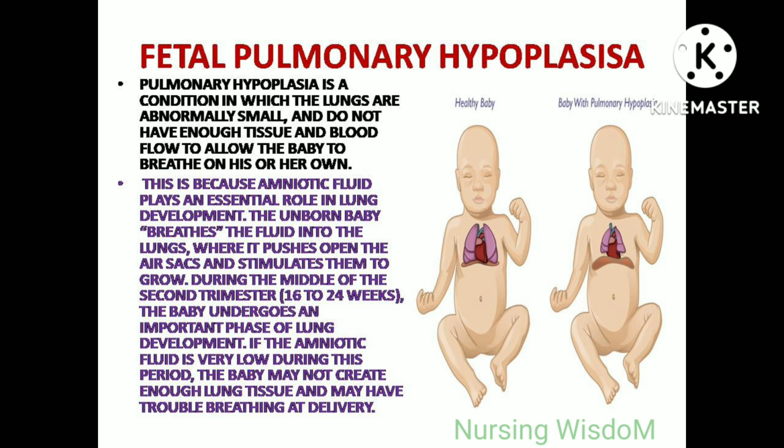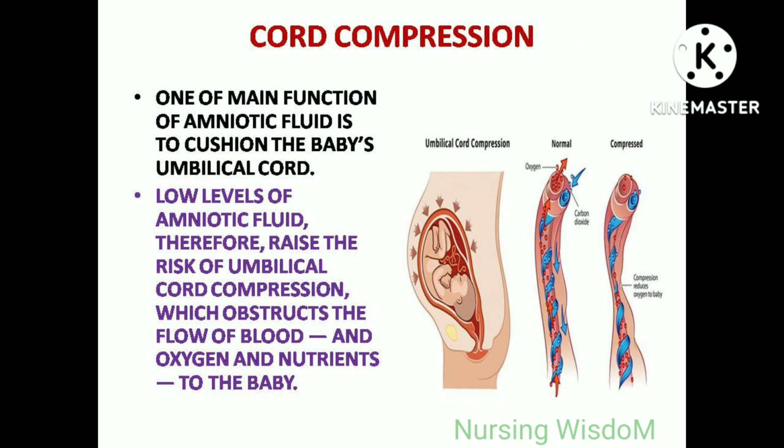The unborn baby breathes the fluid into the lungs, where it pushes open the air sacs and stimulates them to grow. During the middle of the second trimester, 16 to 24 weeks, the baby undergoes an important phase of lung development. If the amniotic fluid is very low during this period, the baby may not create enough lung tissue and may have trouble breathing at delivery.